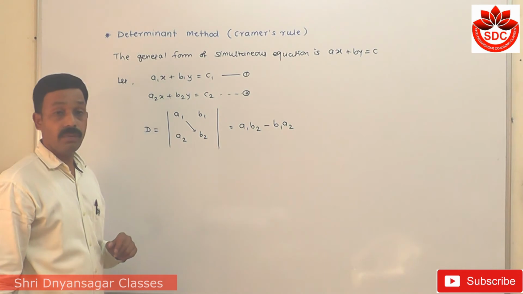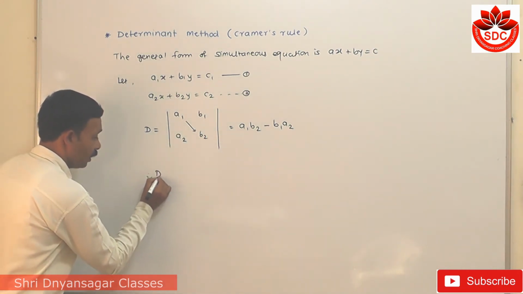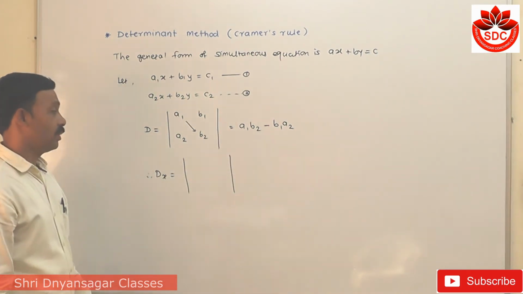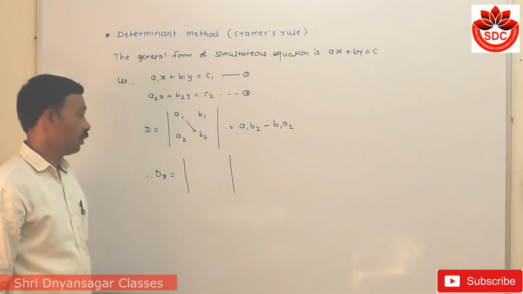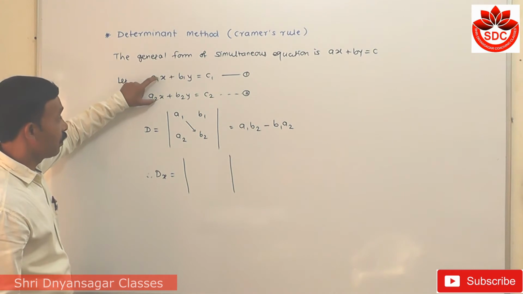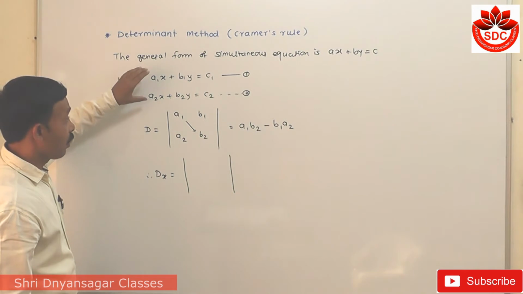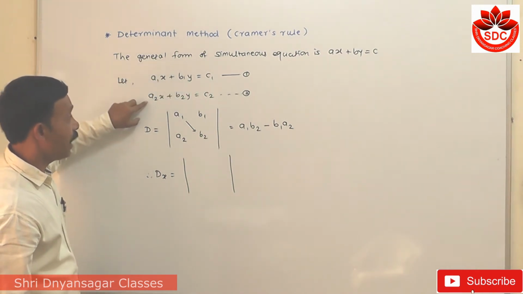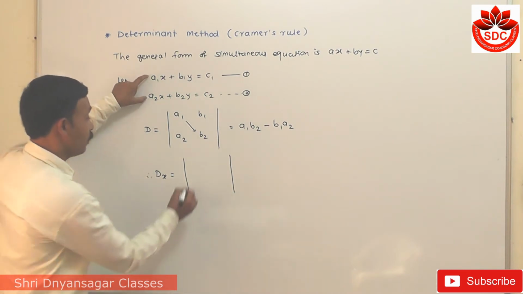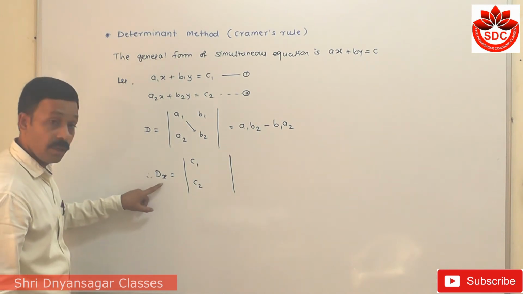Then we can find the value of the determinant of x. The determinant of x is equal to, again in the modulus or absolute value, for finding Dx we take the constant terms c1 and c2 rather than a1 and a2, because we have to find x.